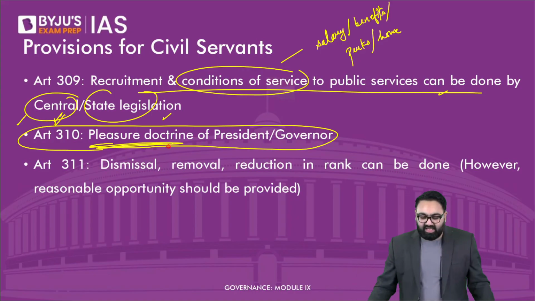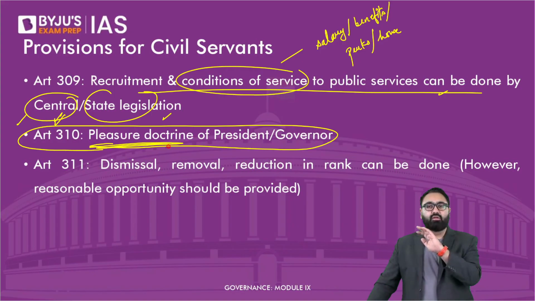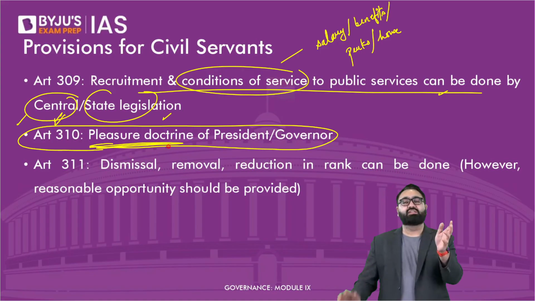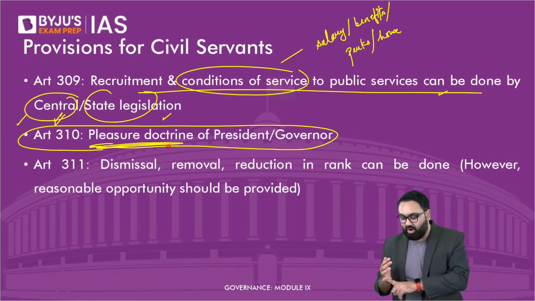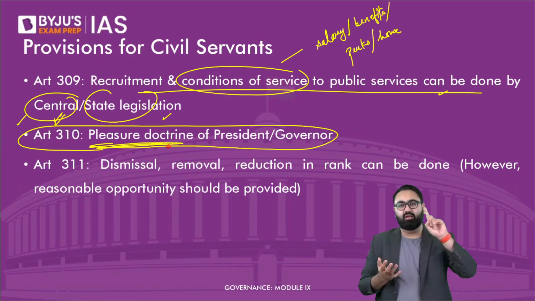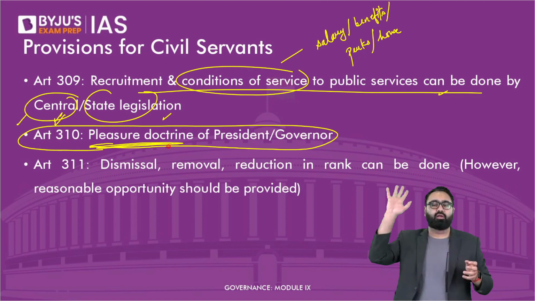So basically what happens is, if you are in the government service, there can be two ways for your removal. One way for removal is a long process, like the Supreme Court judge. Parliament will get involved, Parliament will have to conduct the inquiry, and then the president will have to sign it. Or removal, like the UPSC, will ask the Supreme Court to conduct an inquiry, all of that.